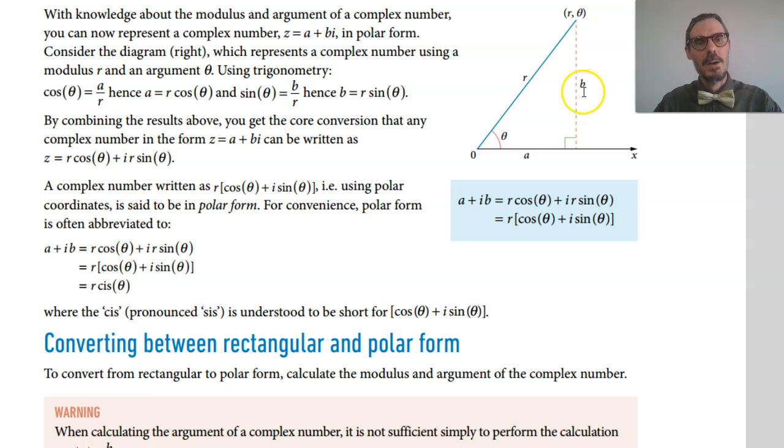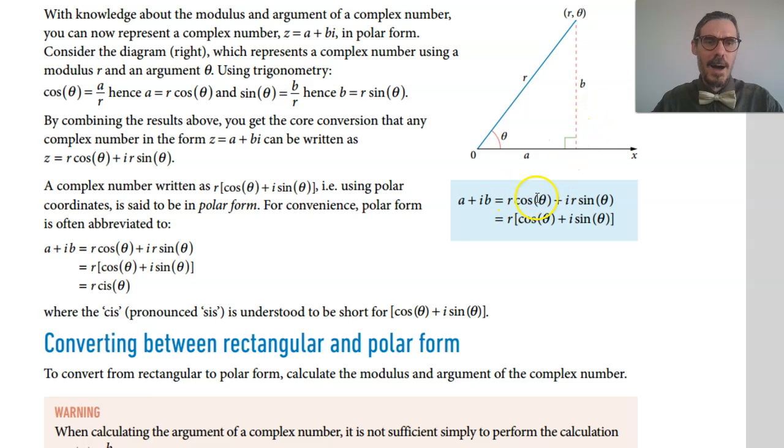But in that case, I can rewrite a plus bi as, and in fact we do usually put the i first here, r cos theta for a plus r sine theta times i for the b part, for the complex part.